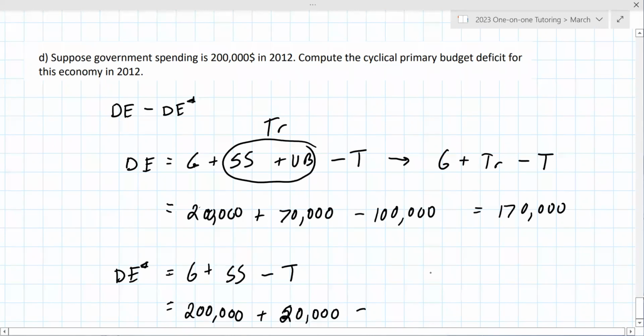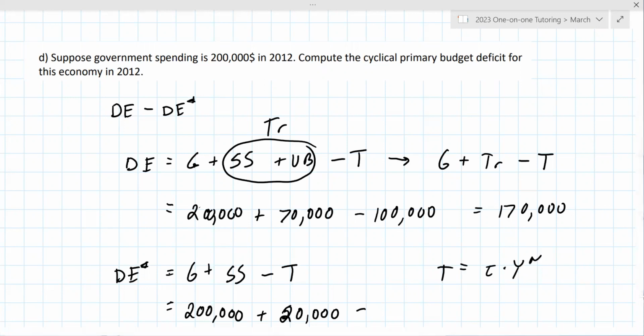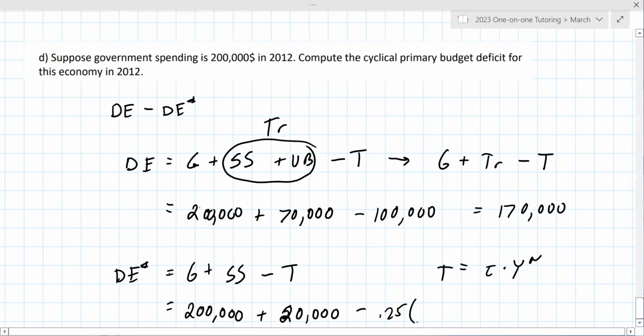The T this time is tau, the tax rate, times YN. So the tax rate we got in an earlier part of the problem is 0.25. And then YN was the 1 million.